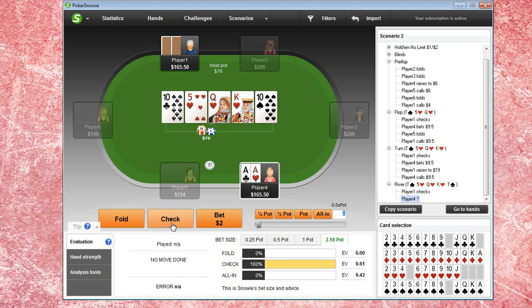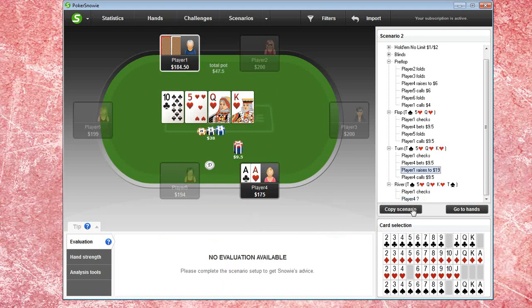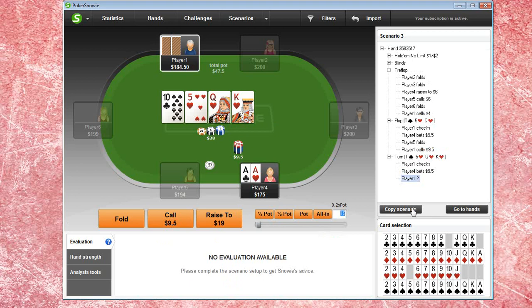So Snowy agrees here that I need to bet that turn. So checking that turn was definitely a mistake. Now, there's one other thing I want to see. I know I'm going to run out of scenarios this way. I mean, Snowy is good, but if I could find a cheaper alternative, that would be nice too.